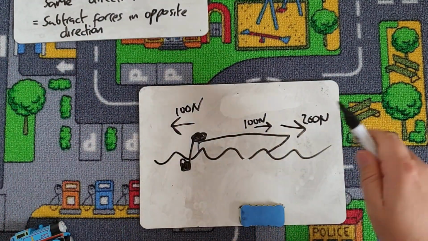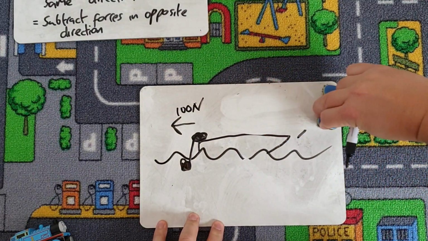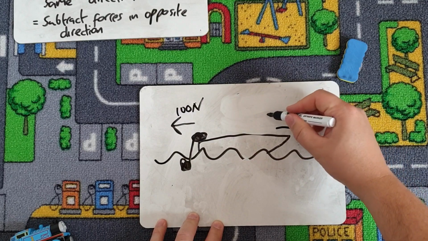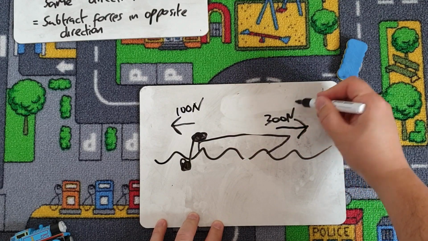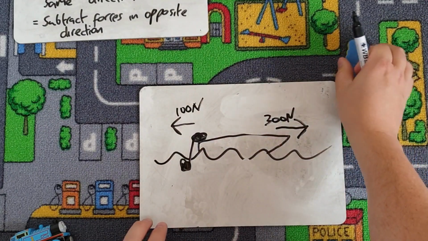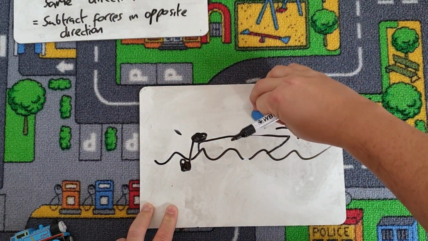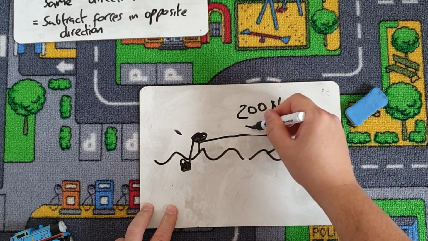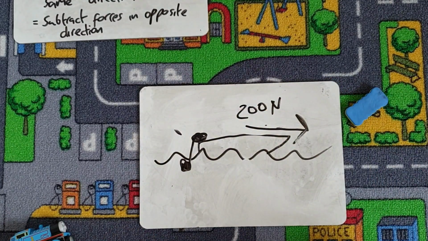So 100 plus 200 equals 300 newtons. So we've simplified those two forces and had 300 newtons. And now these were in opposite directions, so we've got 300 minus 100. And so we end up with a resultant force of 200 newtons going that way. Now you should be able to quite easily work out in any question how to work out the resultant force.